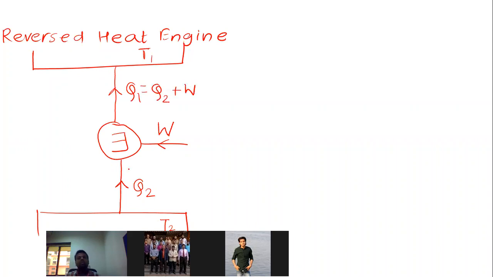Now see all of you. Here Q1 is greater than Q2. Is that okay? Yes or no? Q1 is the addition of Q2 and W, so obviously in Q2 you are adding W, that's why you are getting Q1, and obviously Q1 is greater than Q2.